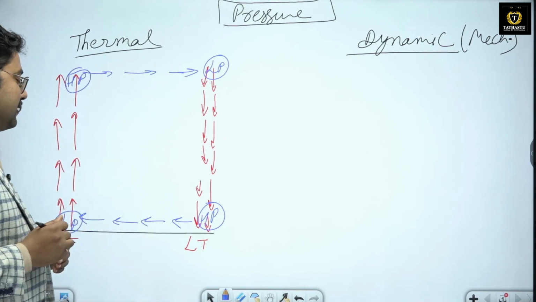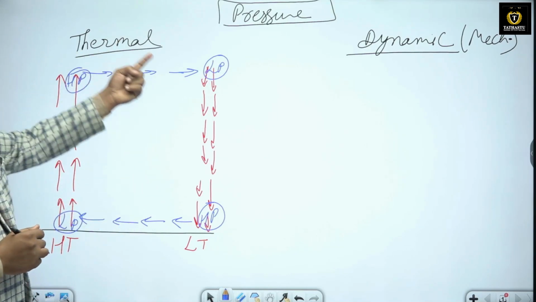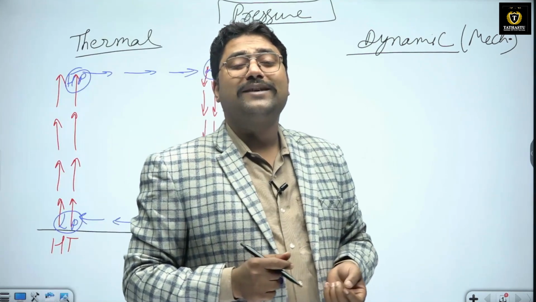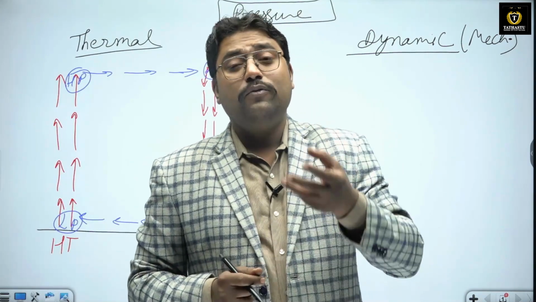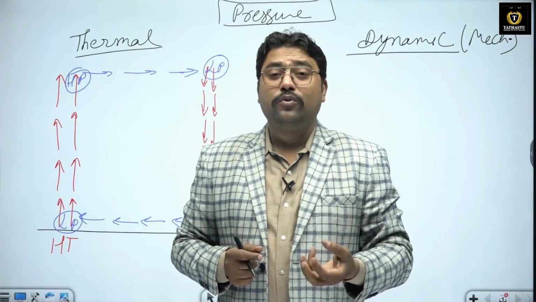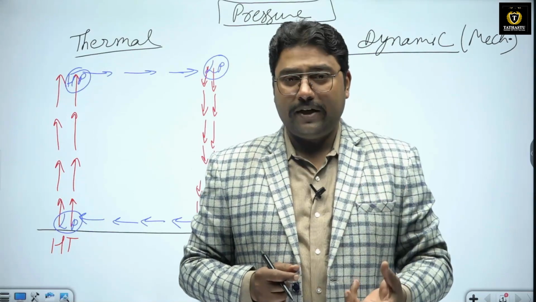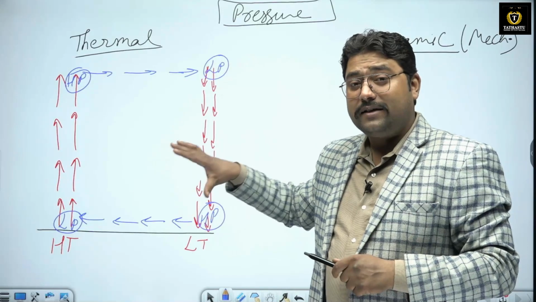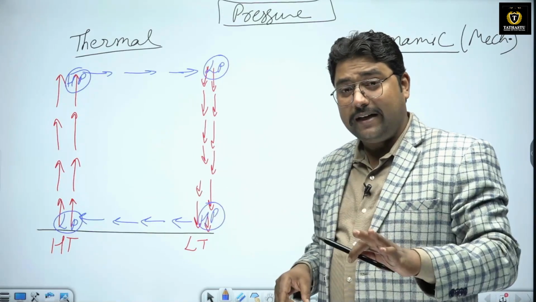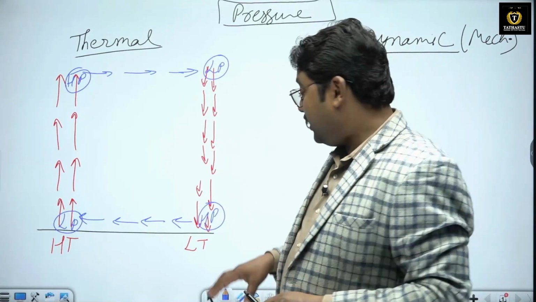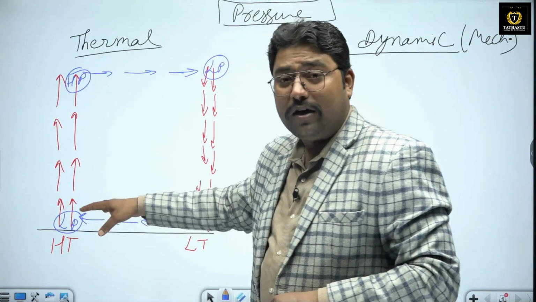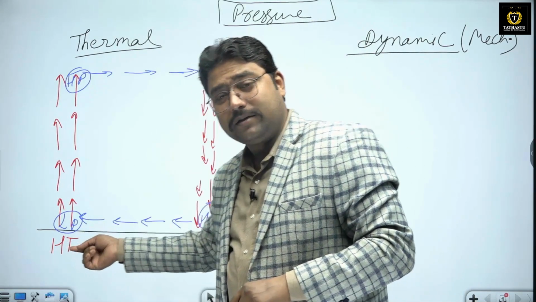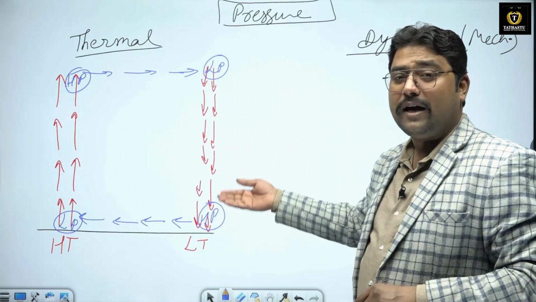Now, as you can see, a conveyor belt has been created, and this conveyor belt is known as a convectional current, meaning the movement of air due to temperature. Here, you have to consider only the pressure being created on the earth surface. Higher the temperature, lower the pressure; lower the temperature, higher the pressure.